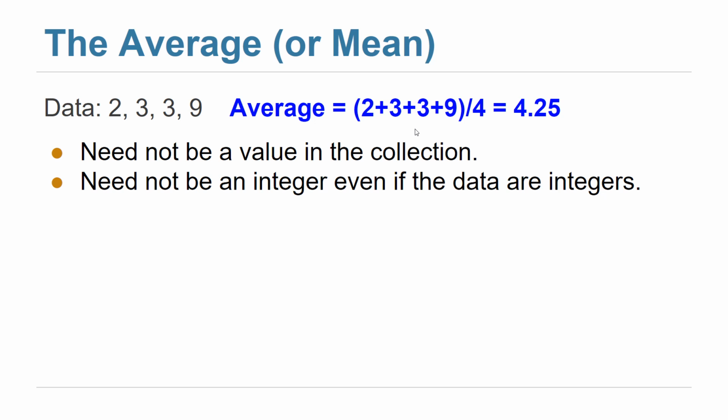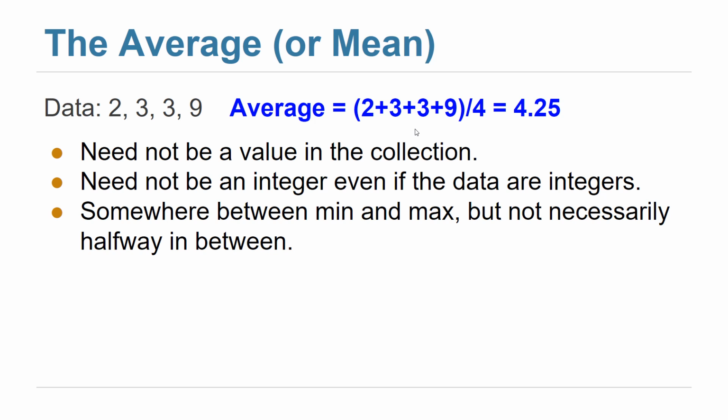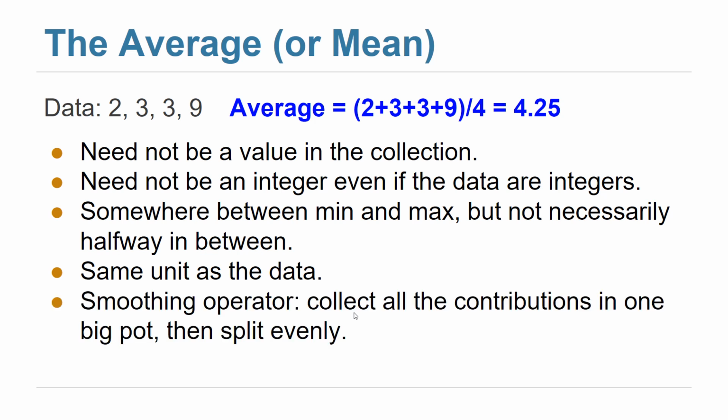The average is always somewhere between the minimum and the maximum values of the list, but not necessarily halfway in between. The average has the same unit as the data. So if I'm averaging temperatures in Celsius, then the average will also be a temperature in Celsius.